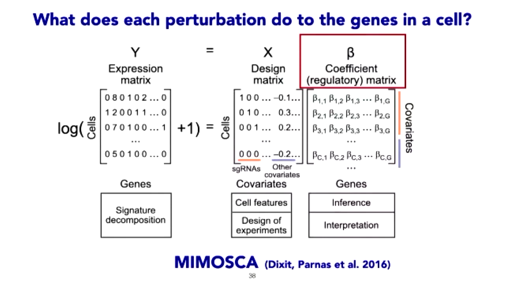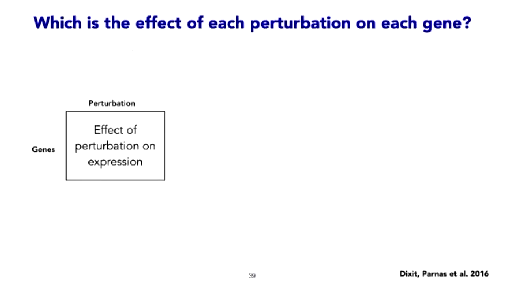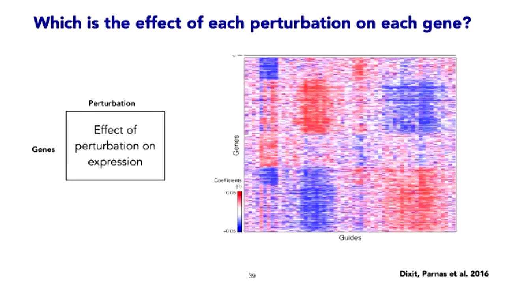We are in this regression framework, and we are trying to infer the coefficient or regulatory matrix. We can visualize this as a gene by perturbation matrix, where each element is the effect of the perturbation on the gene. One common way of visualizing it is a heat map. Here every element signifies the effect of a guide on the x-axis on the genes on the y-axis.